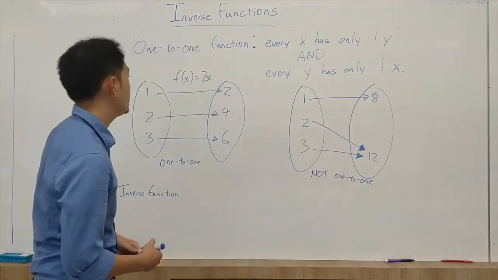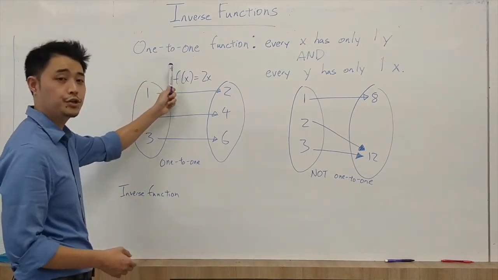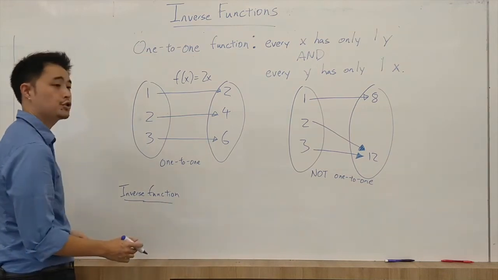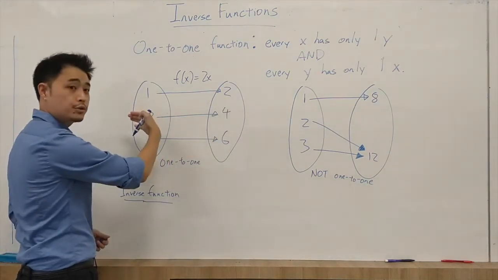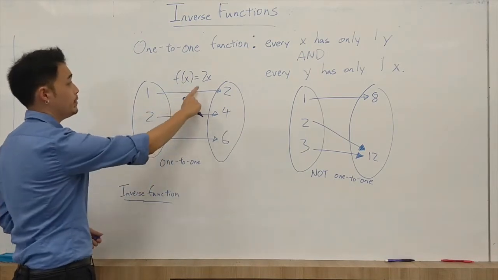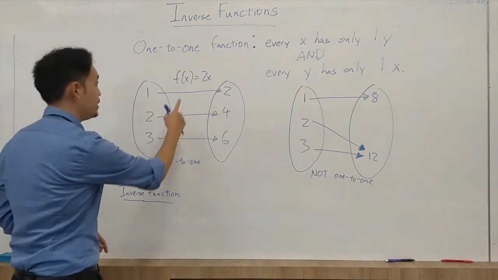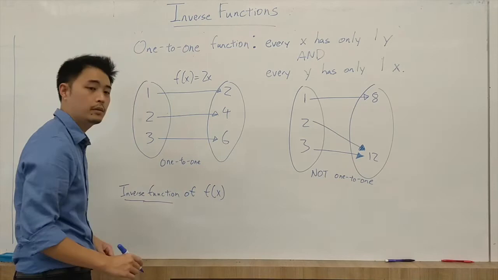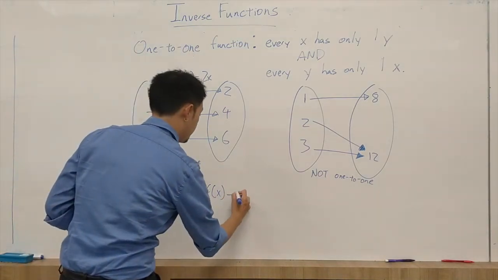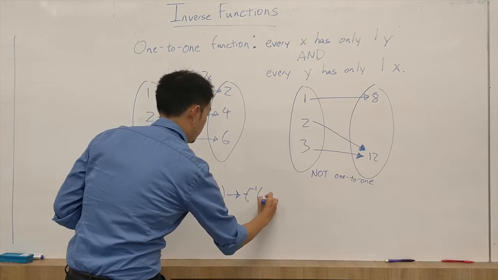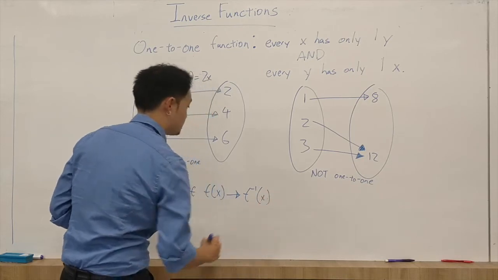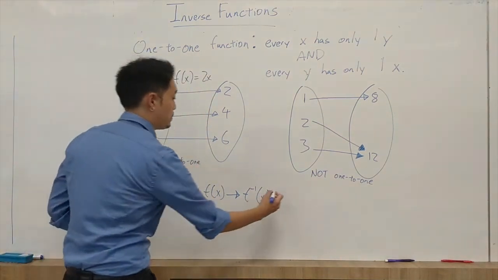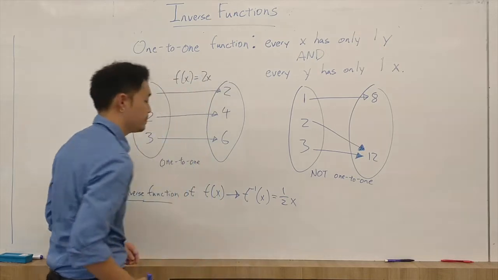Now the rule about one-to-one functions is every one-to-one function has an inverse function. And an inverse function is just a function that goes backwards. So in this first example, if I have f of x equals 2x, then my inverse function of f of x, we would write that as f prime, or f negative 1 of x, is going to equal 1/2 x.